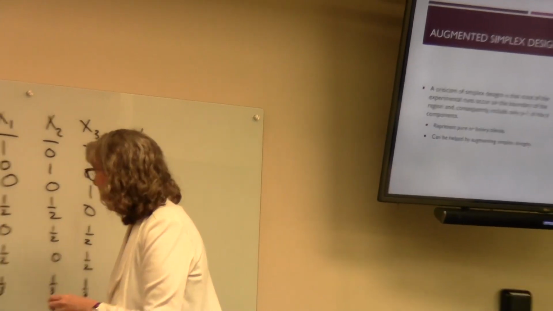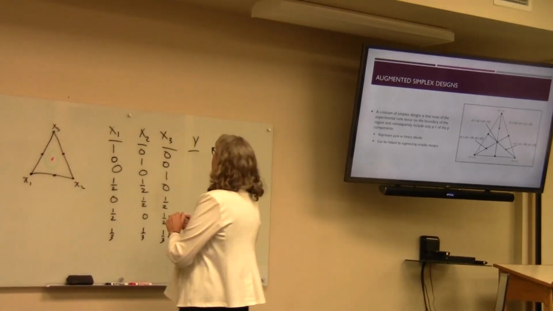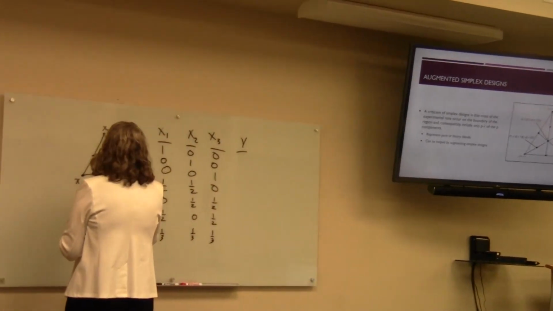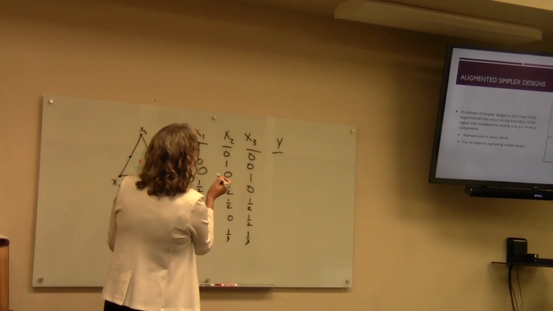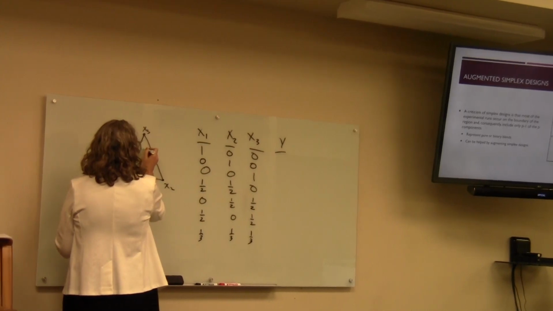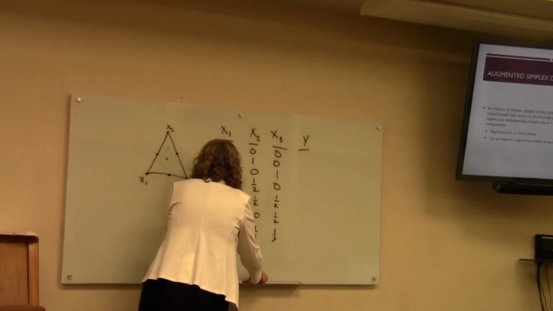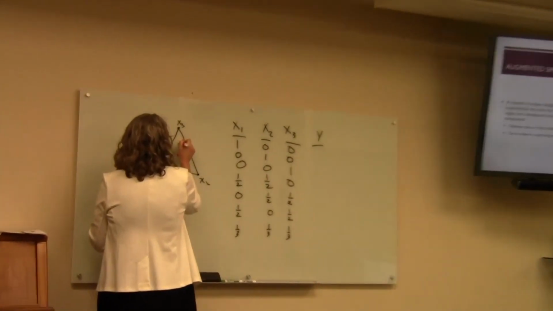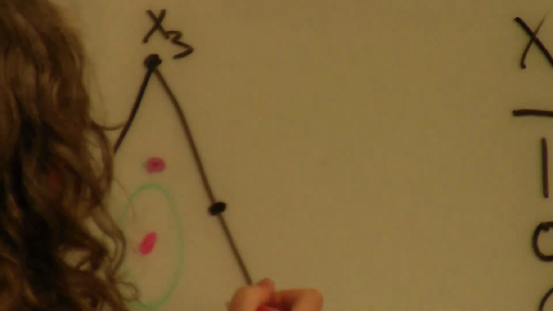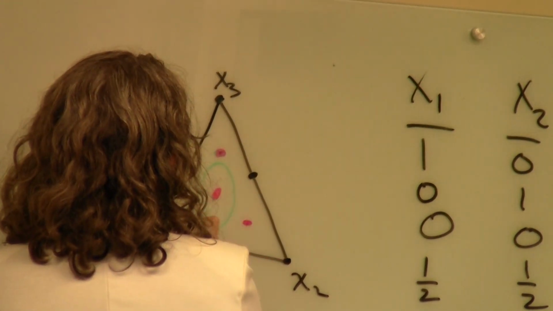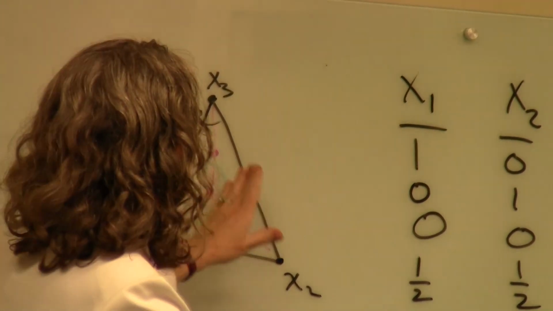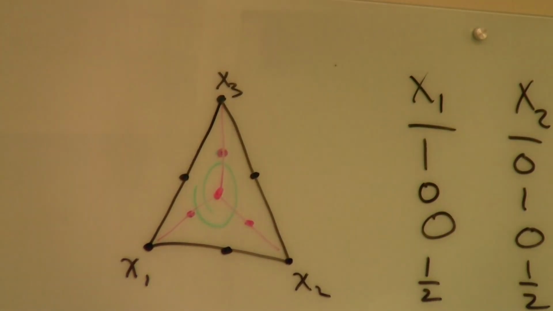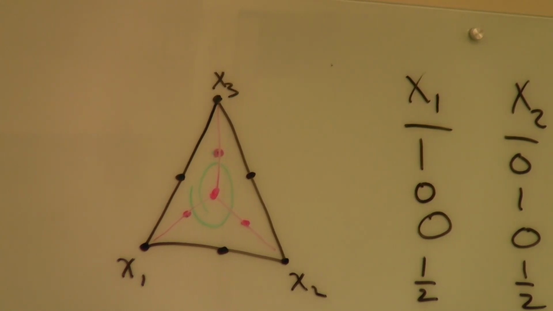So if we wanted to know more, we could have our center point, and what else did they add? They added a point here. I'll use red. And here, to give us more information inside the triangle, to have a little bit better feel for things.